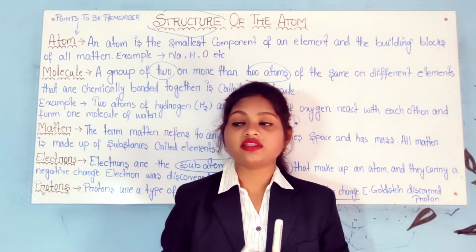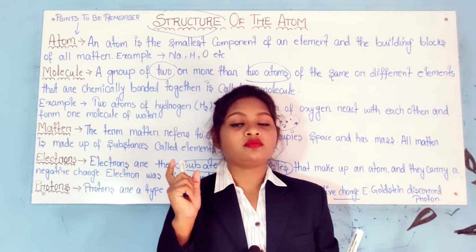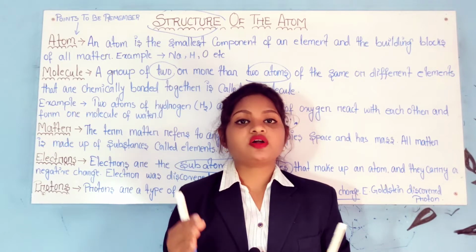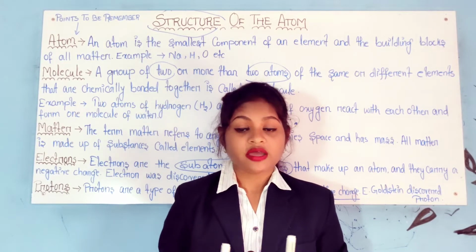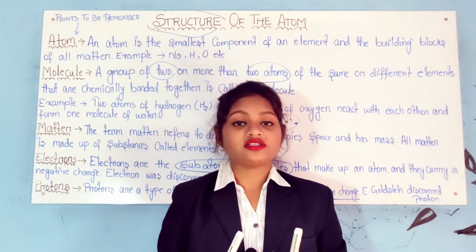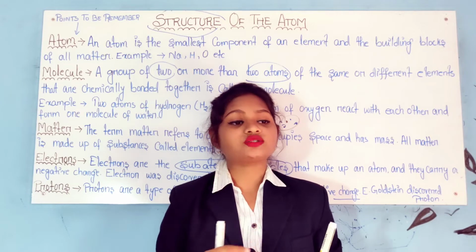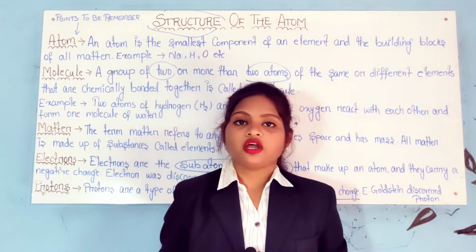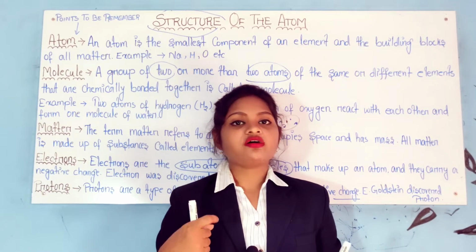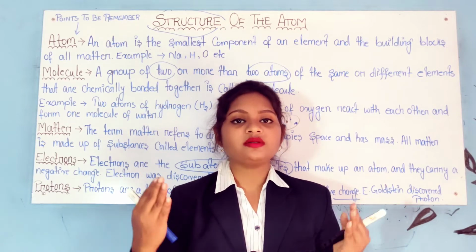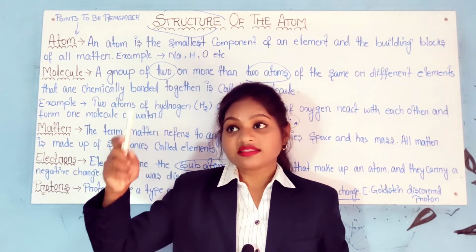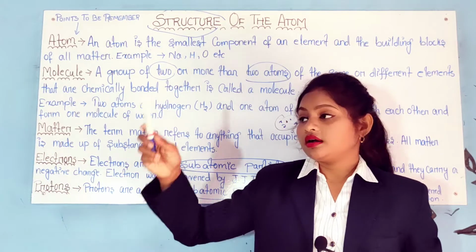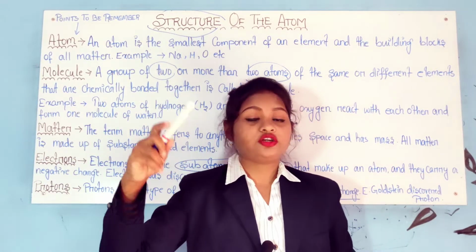Because of electrons and protons present inside the atom, it creates an electric charge. That is why the comb attracts the paper. Through this they found that inside atoms there are subatomic particles called electrons and protons, so Dalton's atomic theory failed.